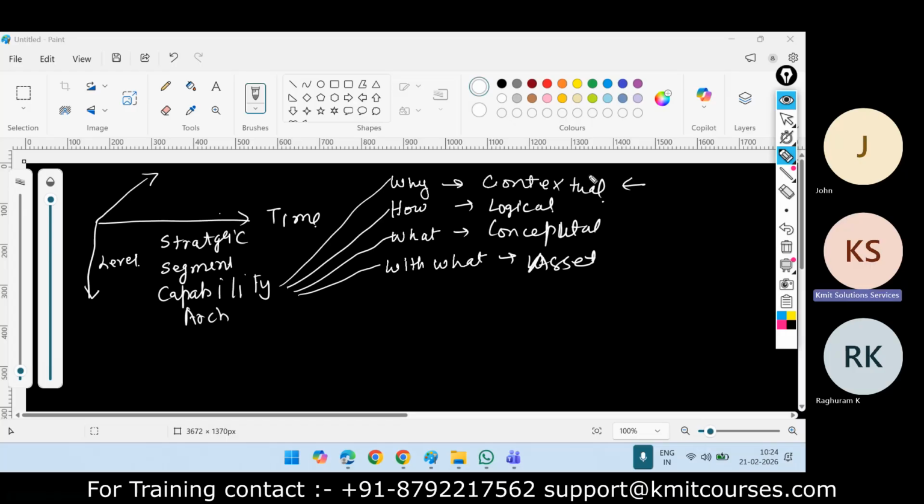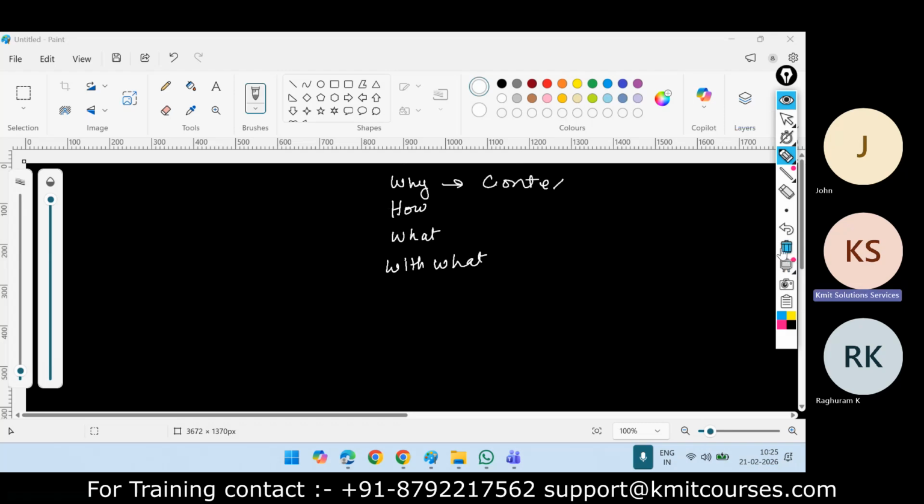What is the concept? What services do you need to develop? And how will you write the logic, and then how will you implement it? So in that case, all these abstraction levels are related to that capability architecture. Right. So this is all about the abstraction level.